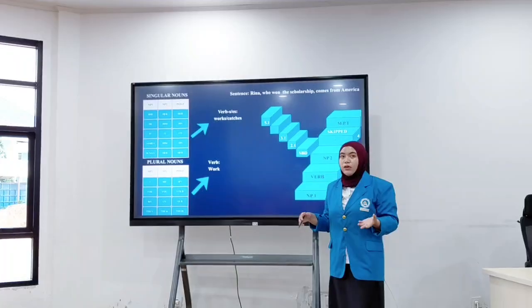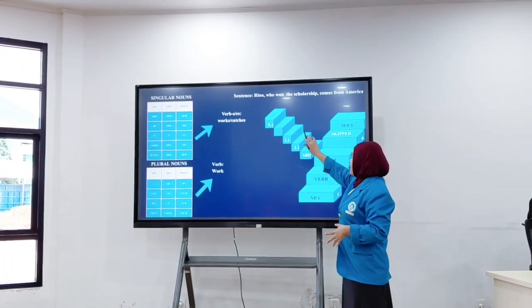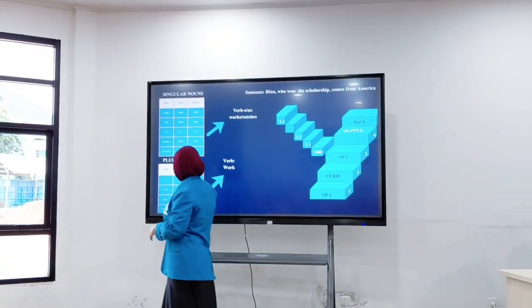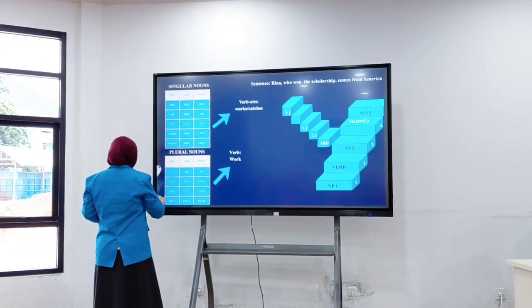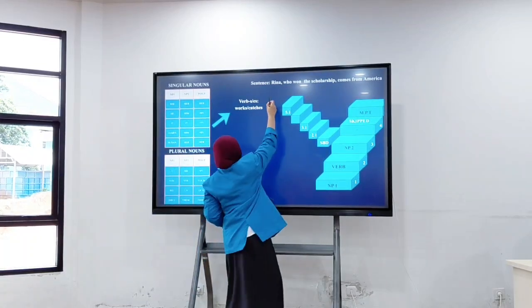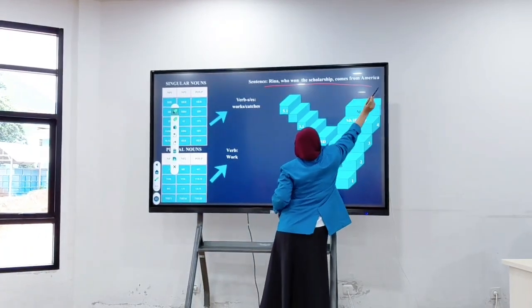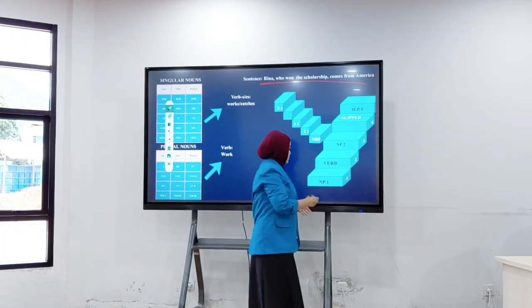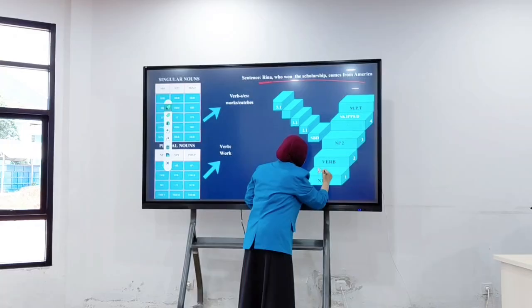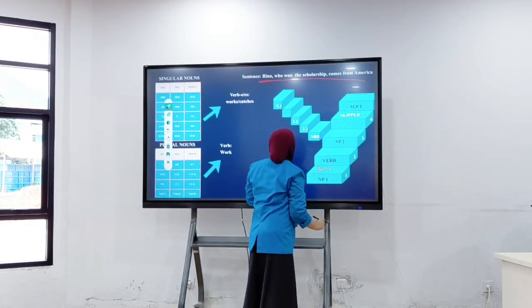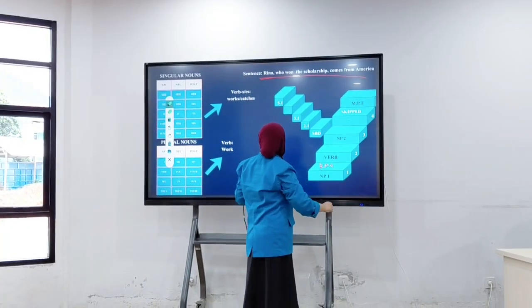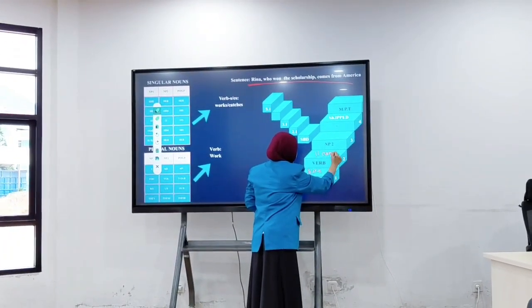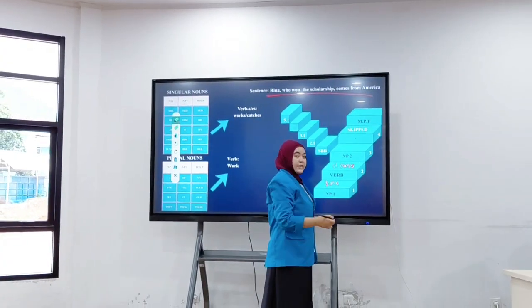Okay, next, let's see how this sentence is built: Rina, who won the scholarship, comes from America. Verb: comes. MP2 skip.